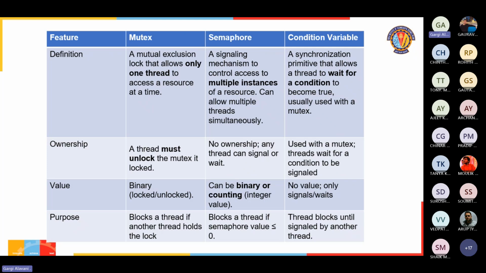A mutex is either locked or unlocked. A semaphore could be binary, 1 or 0, or it could be a counting semaphore. A conditional variable has no value as such; it waits for some condition.